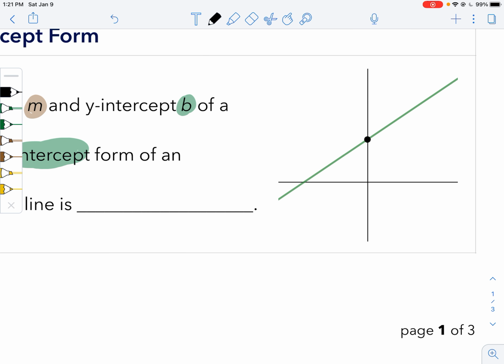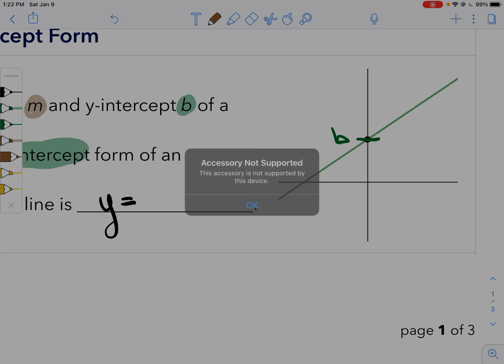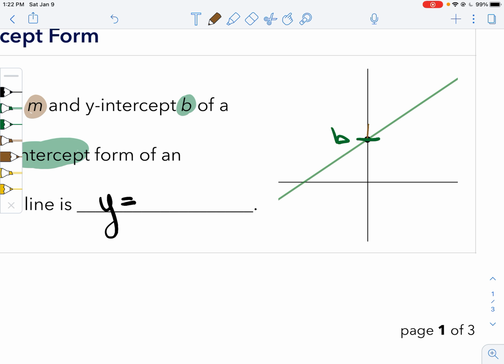If you want to know what y is, you start out with a y, and then you pick your starting point, b. Whatever your y-intercept is, you're going to start there. And then your slope tells you for every one you go over, you need to go up this much.